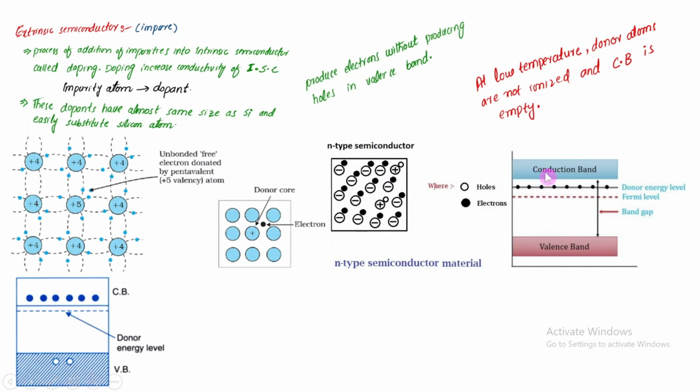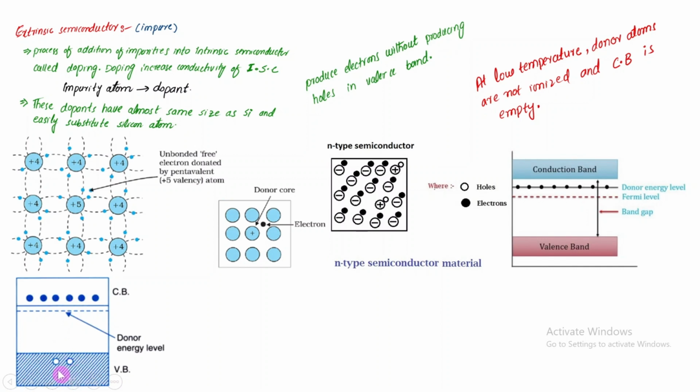Similarly, some of the heat will be used to break this bond. When that bond is broken, the electron will jump into the conduction band and leave a hole here. So this is the valence electron which is bound to the atom. These also absorb the heat and are transferred to the conduction band.